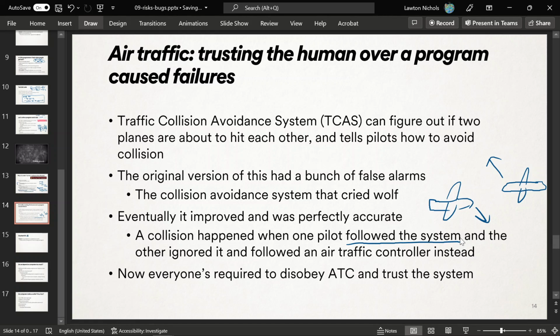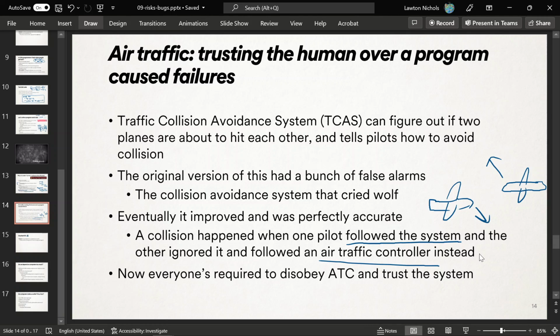I believe it. It's going to tell me what to do. And the other ignored it and instead followed what an air traffic controller said, another human who you would expect to be more trustworthy, right? Unfortunately, that resulted in them both doing the same thing, going back to the same level and path, and that caused them to crash. So that's very unfortunate.